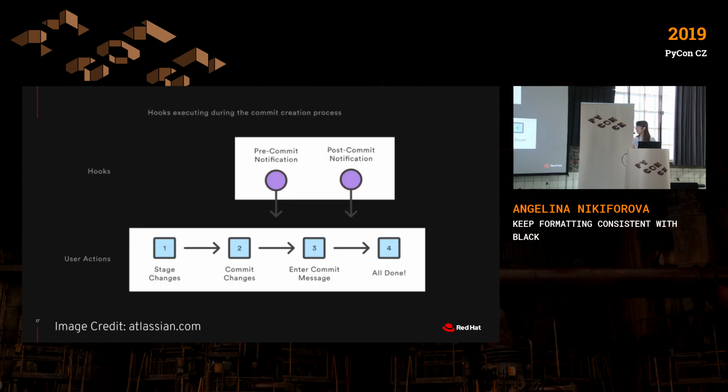So let's talk about pre-commit in more details. Git can run special scripts in various parts of the workflow, like before or after commit, and push and receive events. The pre-commit module for Python takes care of identifying simple issues before you submit your code for review. Again, reducing some nitpicky comments.